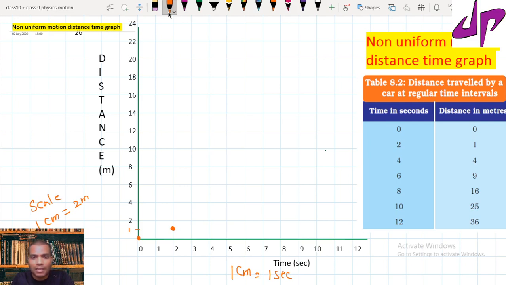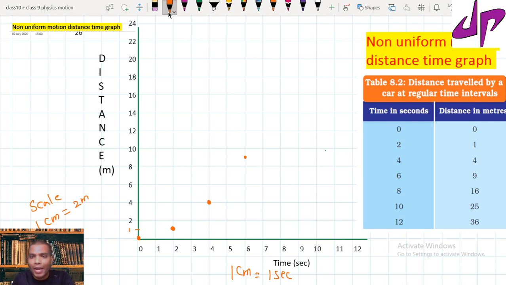For the third point, when the time is 4 seconds, the distance covered is 4 meters. So please mark it here. When the time is 6 seconds, the distance covered is 9 meters. 9 is exactly in the middle between 8 and 10.